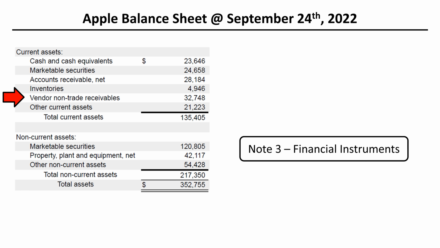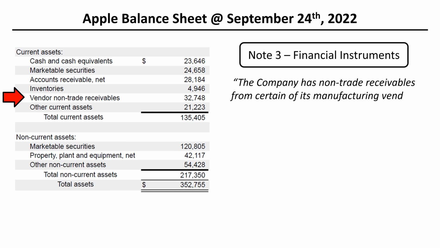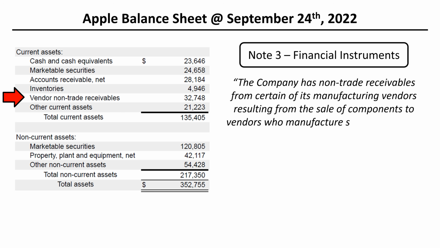Note 3 gives us the definition. The company has non-trade receivables from certain of its manufacturing vendors, resulting from the sale of components to vendors who manufacture sub-assemblies or assemble final products for the company. In other words, Apple buys components for its products. It then sells these components to an outside manufacturer who will assemble the products for Apple.